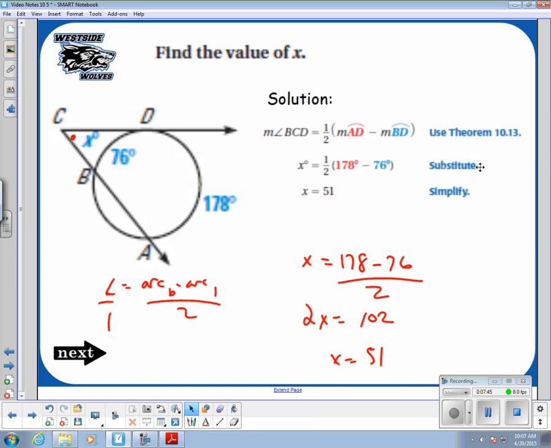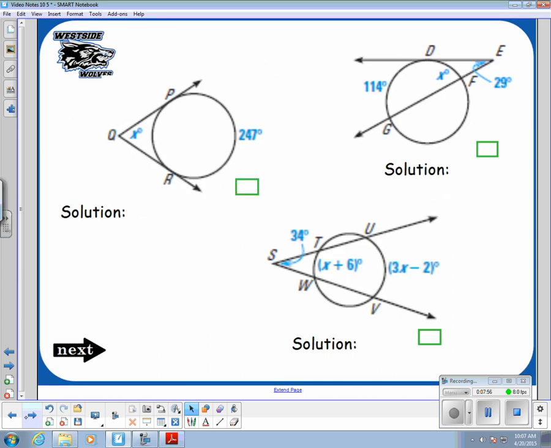So again, these just have angle measures right now, and so we'll have some problems like this, but eventually it'll move into an algebra concept where we'll replace these 178s and 76s and x's with variables in expressions. All right, so try these 3. Pause the video and try to work these 3.